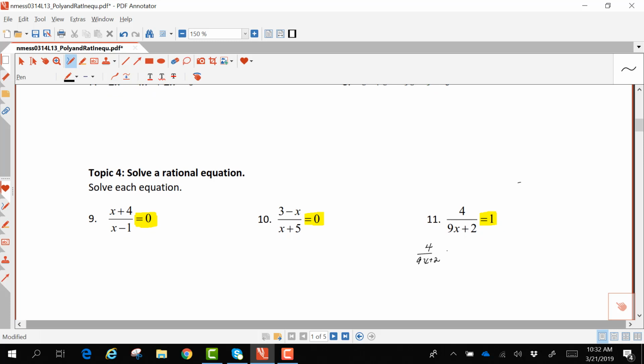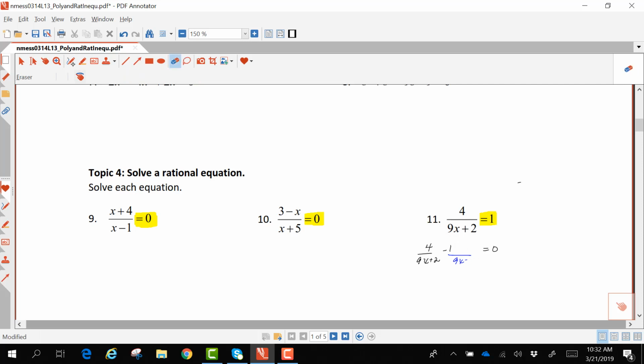In order to do this, I need to subtract 1 from each side of this rational equation. Now I've left a lot of space next to my 1 because I'm going to need to come in here and get a common denominator so I can actually collect the fraction with the whole number 1.